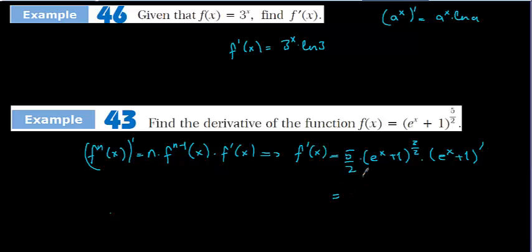Which is 5 over 2 times (e to the power of x plus 1) times (e to the power of x plus 1) derivative. E to the power of x derivative is equal to e to the power of x, and plus 1 derivative is going to be equal to 0. So we are going to leave the answer like this.